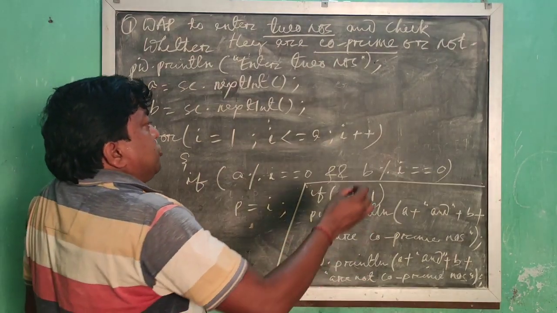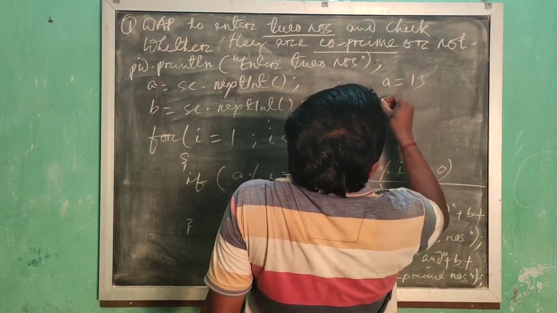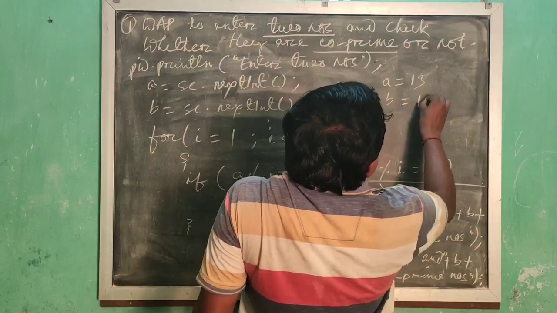See, suppose here we enter a equal to 13, b equal to 14.